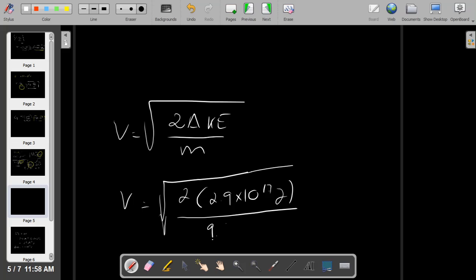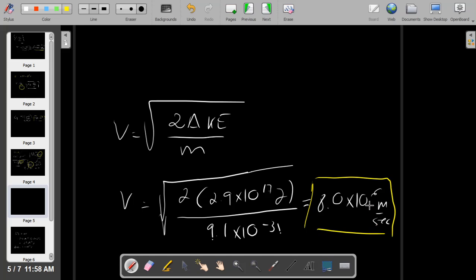So 9.1 times 10 to the minus 31 kilograms, and kilograms is what we needed. Put everything in your calculator, and if you do the math, you should be getting 8.0 times 10 to the 6 meters per second. This is our answer. They were asking for the velocity. So 8.0 times 10 to the 6 meters per second. Pretty fast, isn't it? Very good.